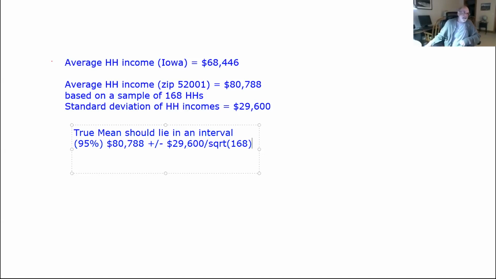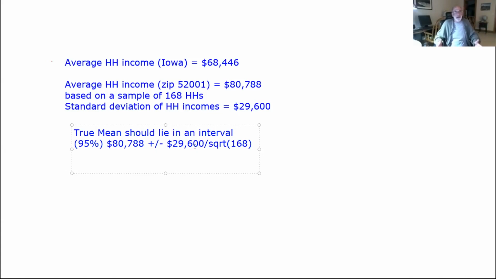Now, if you are following me, a question should have occurred to you: is 29,600 the standard deviation of the population, meaning all households in zip code 52001? The answer is no, it's the standard deviation of the 168 households that we had data on. We're supposed to use the standard deviation for all the households in 52001.